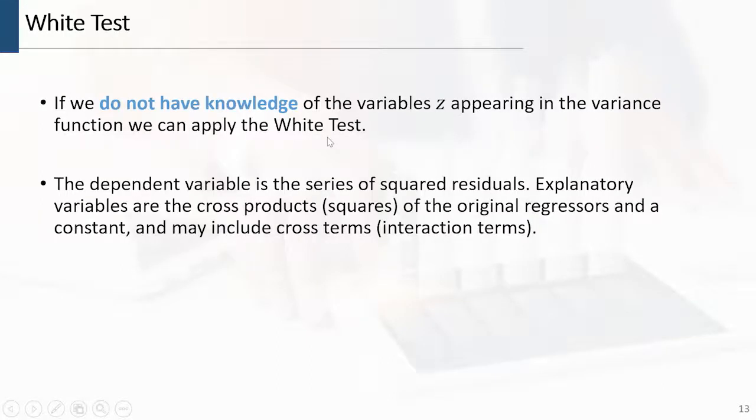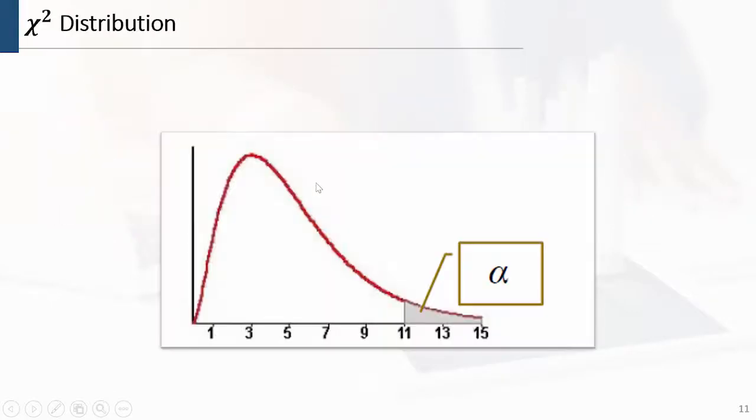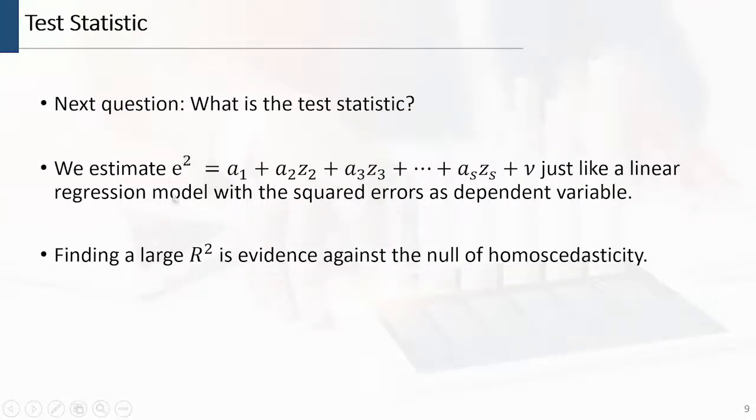Okay, and here is how we can do the thing practically. When we want to do the estimation of the square error on other explanatory variables, how to find those variables is actually quite tricky if you don't know the true data generating process of the error term.